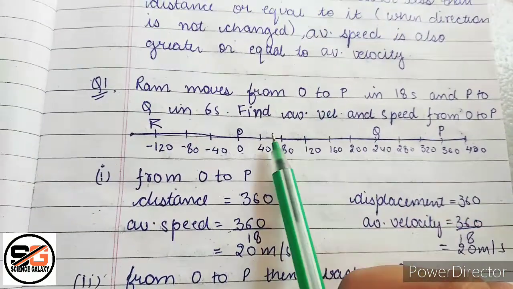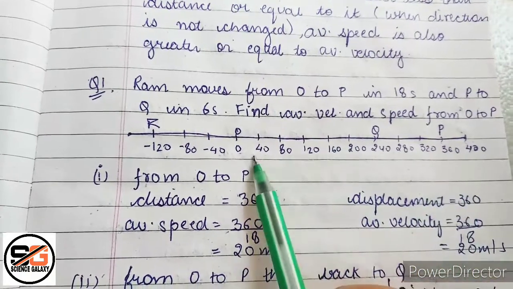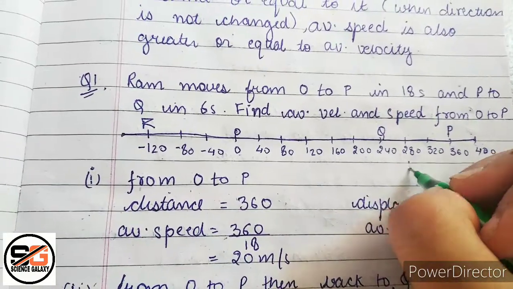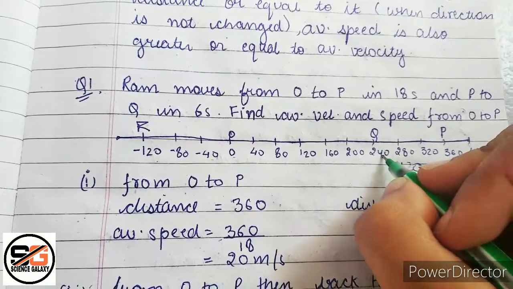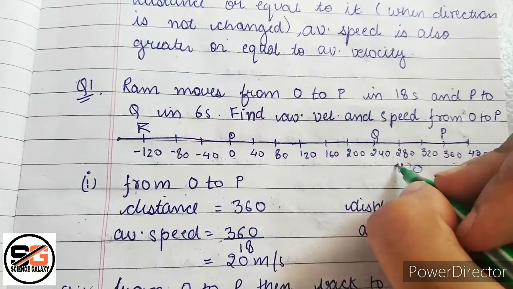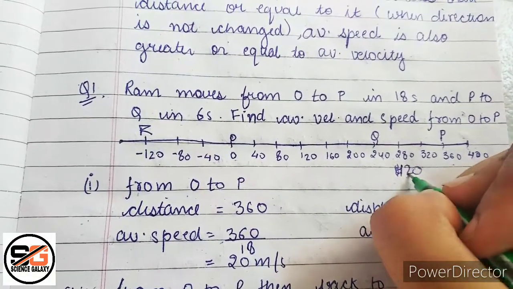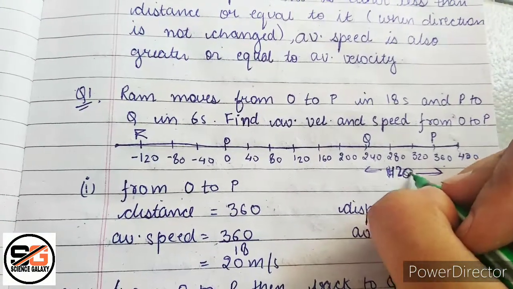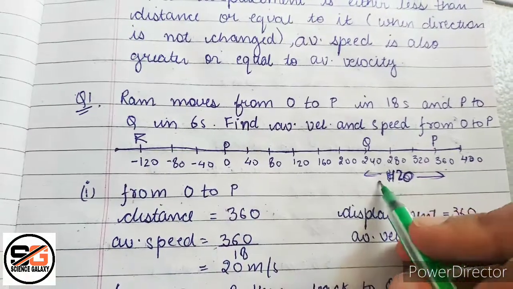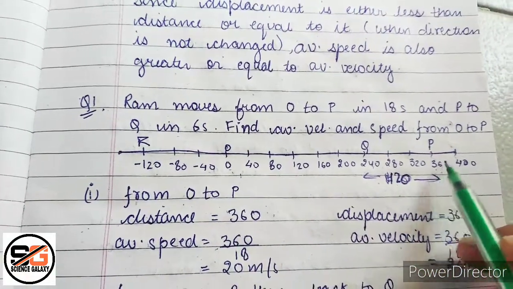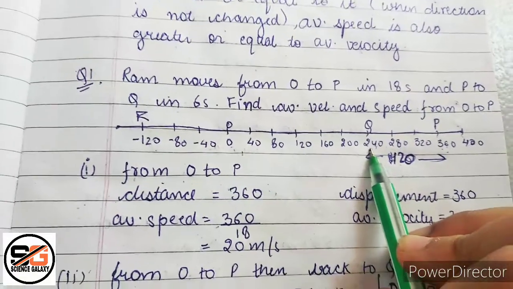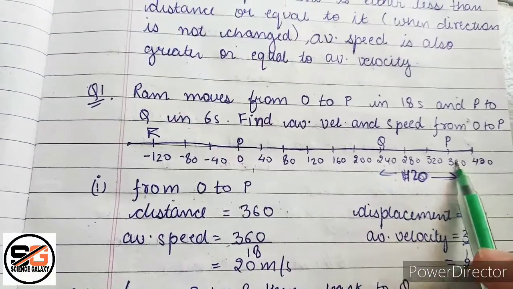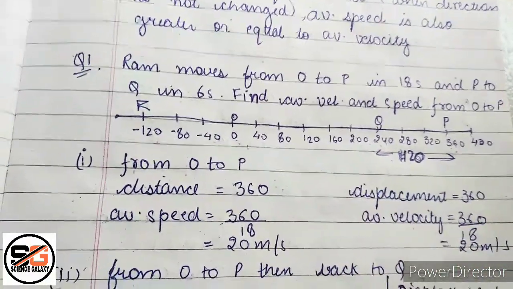If he went from O to P, the distance would be 360, and from P to Q, the distance would be 120 more, because from 240 to 360 is 120. So the total distance covered in this case will be 360 plus 120, that is 480.